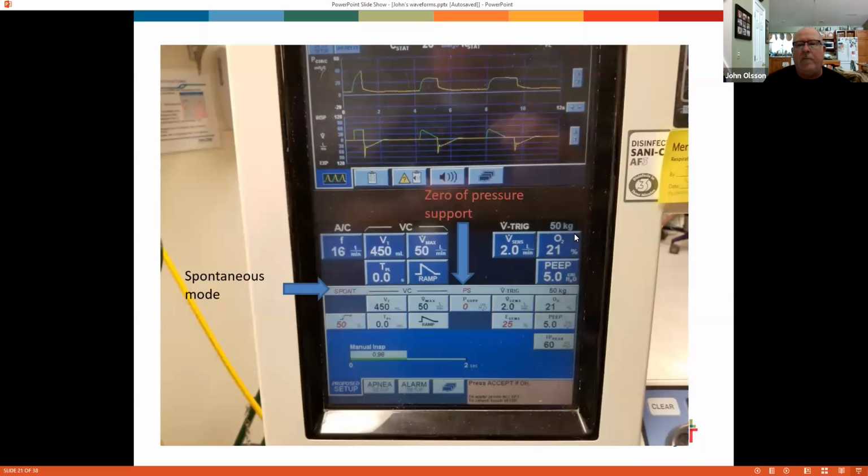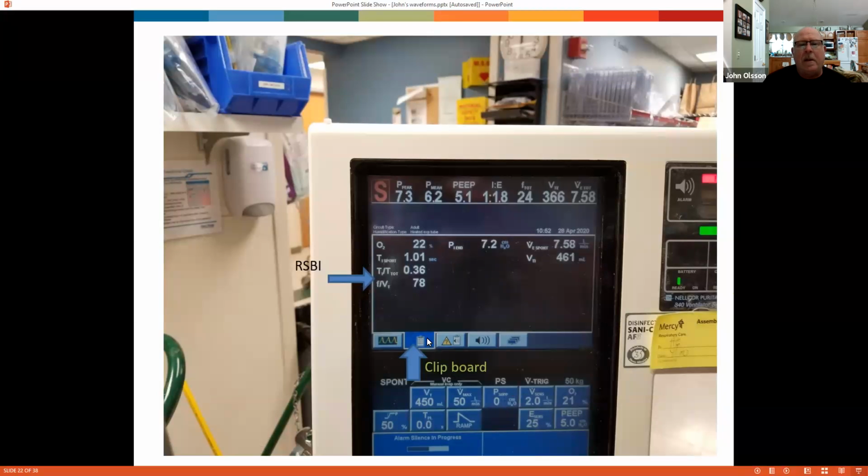This is again the 840, and I got 0 pressure support here, and I have them in a spontaneous mode, and you can see I have them set on 5 of PEEP or CPAP. There's no extra pressure in there, and then I can hit this clipboard here on this ventilator, and it'll give me this frequency to tidal volume.